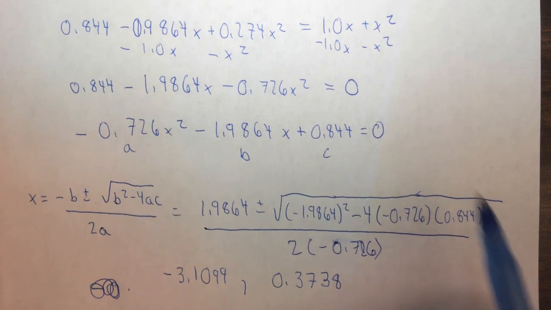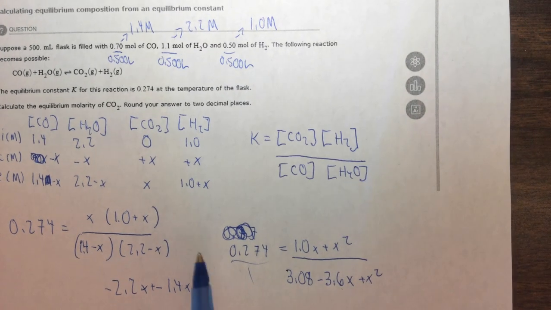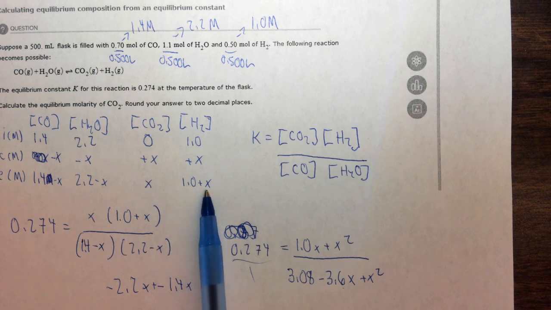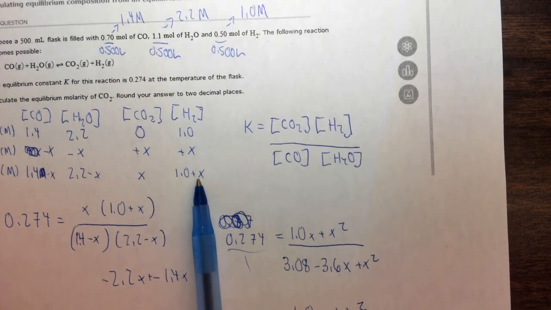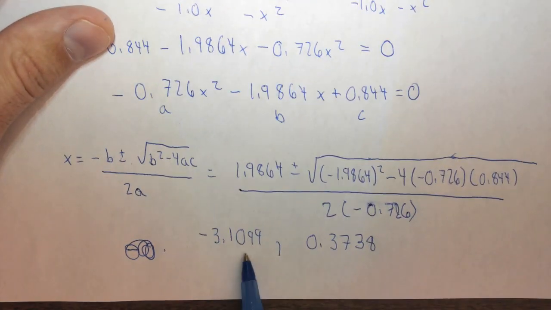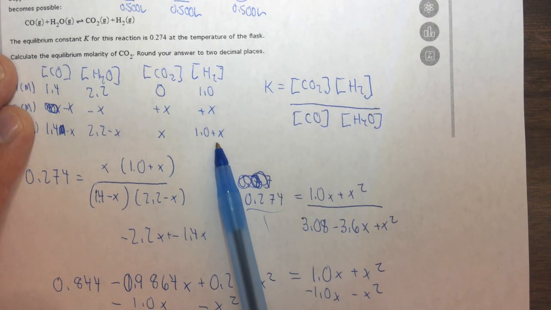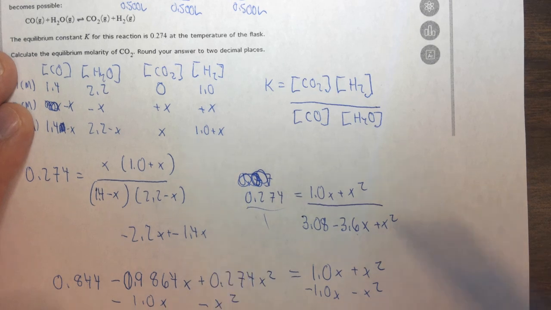If we go back to our original table, way up here, we find that one of the values is 1 plus x. And in this case, if the value is negative 3.1099, this will be negative 2.1099. You can't have a negative concentration.